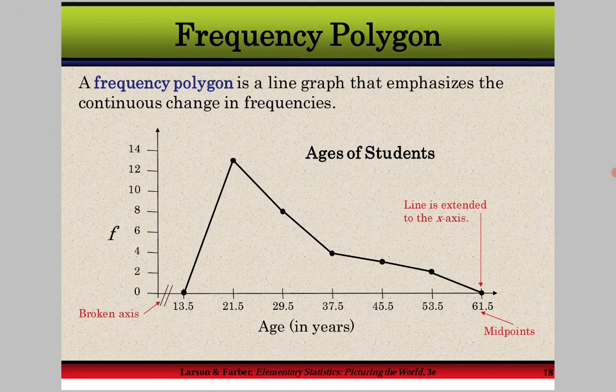So frequency polygon. A frequency polygon is a line graph that emphasizes the continuous change in frequencies.